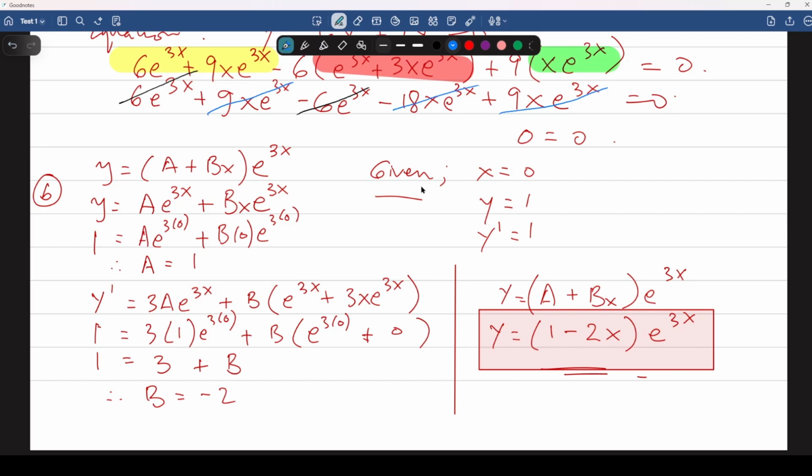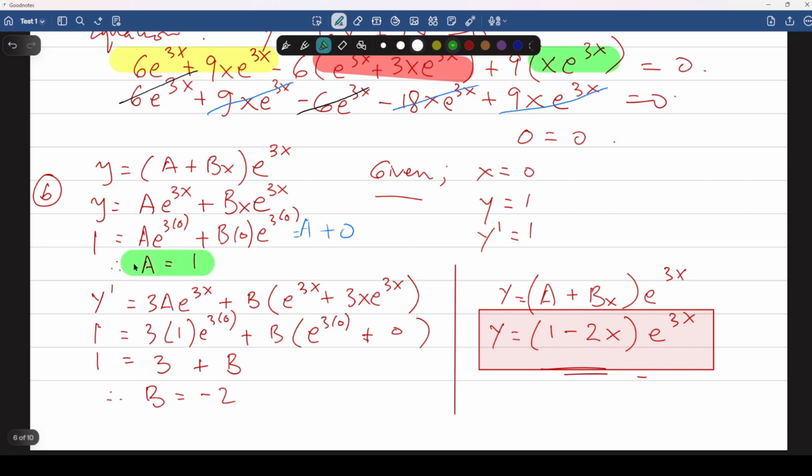So that's why a equals 1, because the whole term here equals 0. So 1 equals a plus 0, already given as equal to 1.